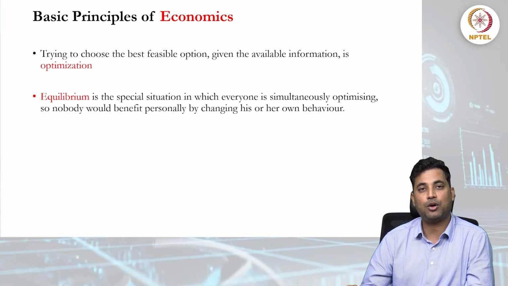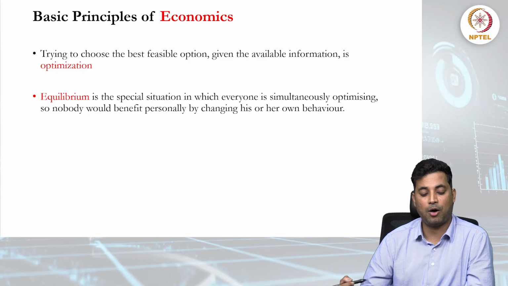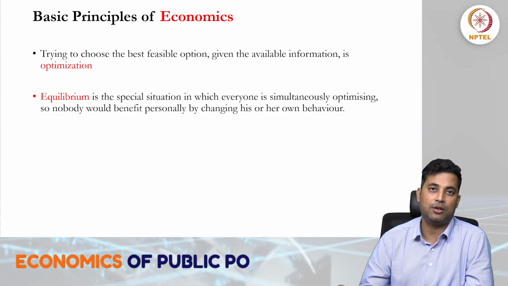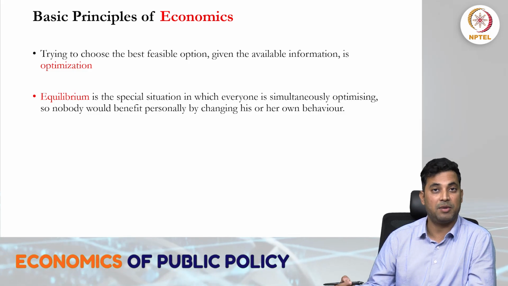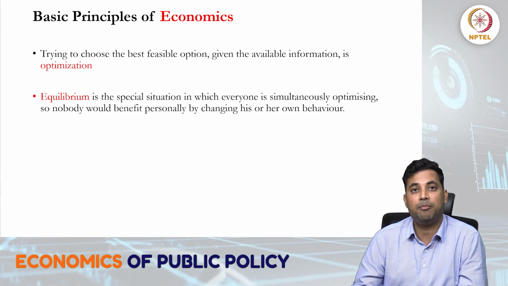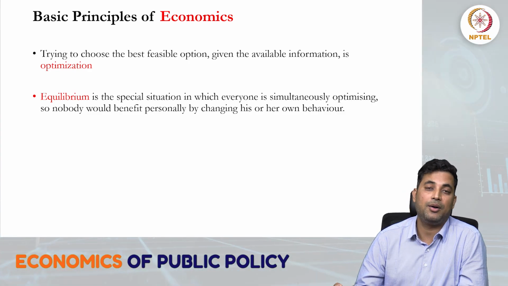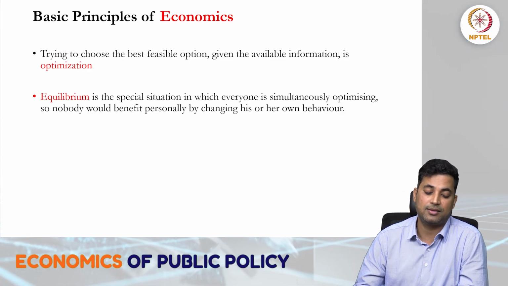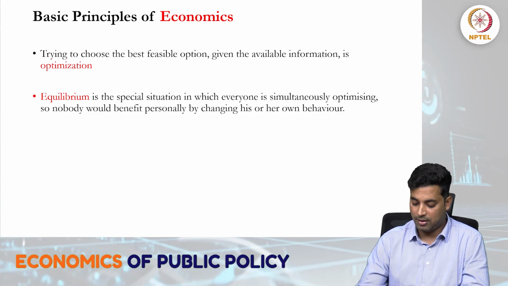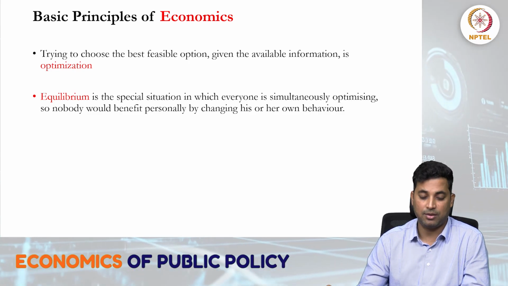And when we talk about optimization and equilibrium, Pareto optimality also comes in, especially in the case of public policy: everybody should be in a better situation, not at the cost of others. So that is the optimization that we are talking about, in a holistic way.